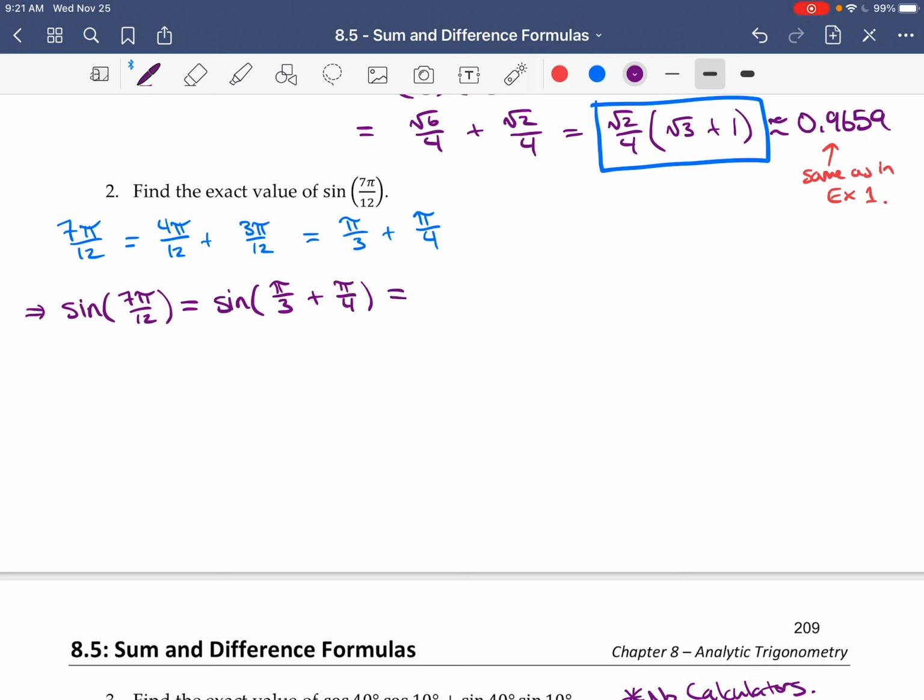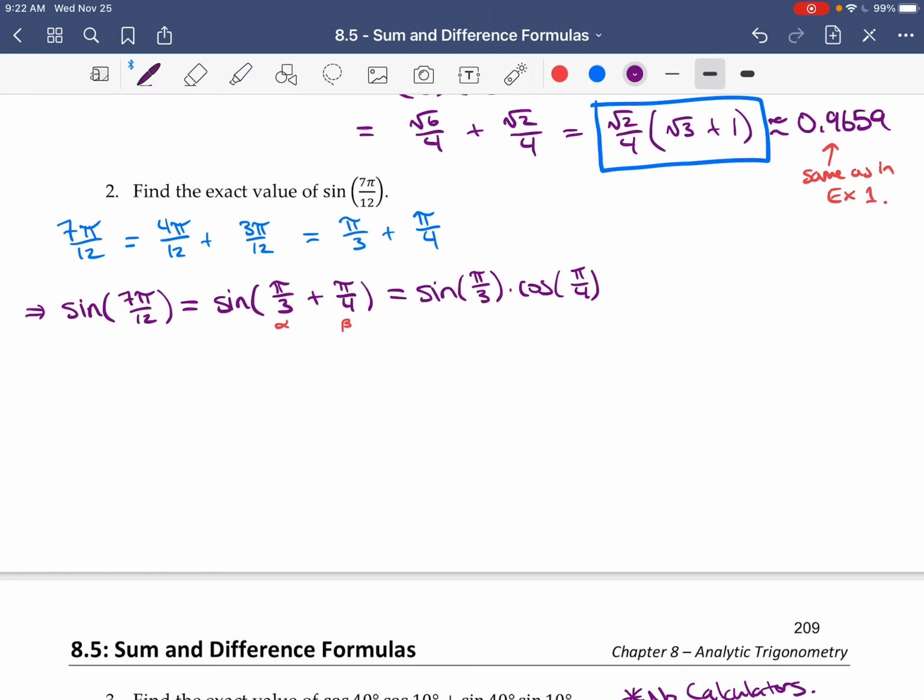So this is my alpha, this is my beta. So it's going to be sine of alpha, so sine of pi by 3, times cos of beta, so that's pi by 4.